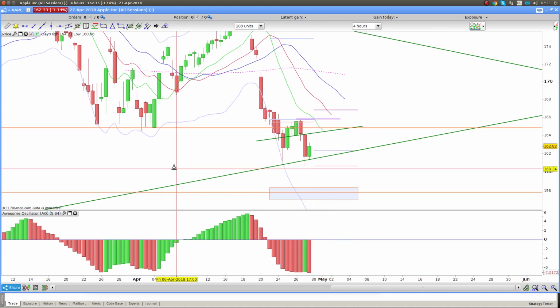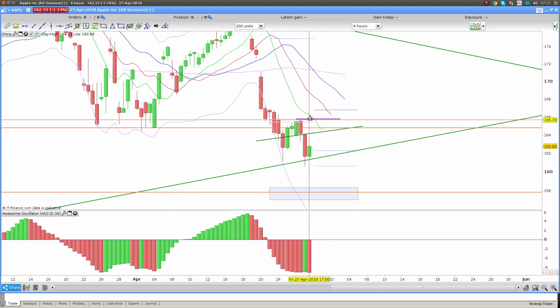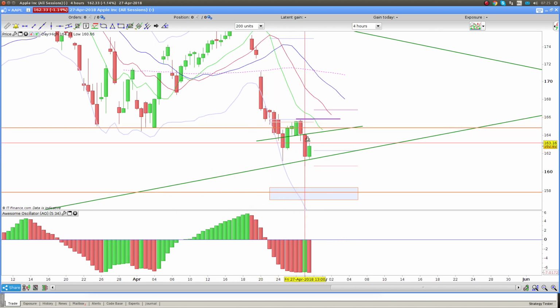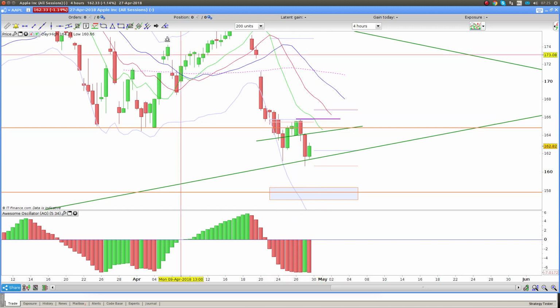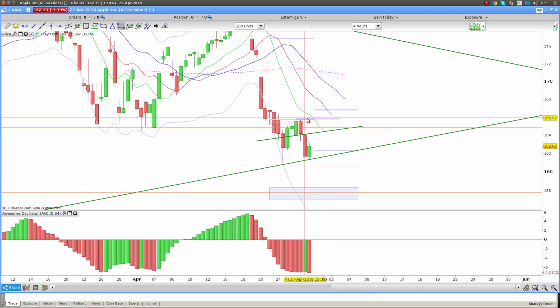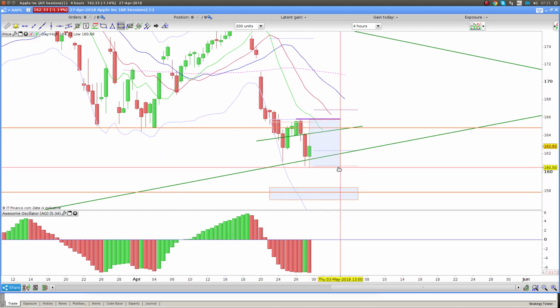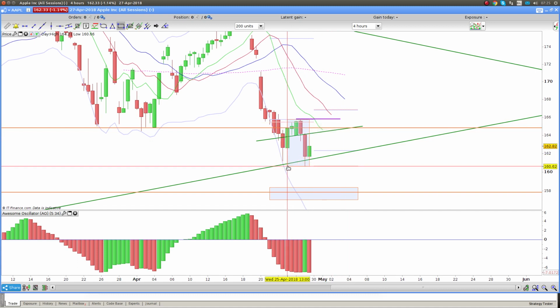Now, your reversal could be short-lived. It could just come and test this previous high. It could come back to the 200 moving average on the daily, which is here. Okay. Or alternatively, it could play out. And if it does play out, what you're looking for, so let's just do that. That is your double bottom pattern.